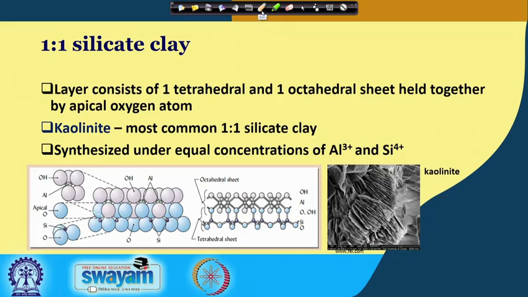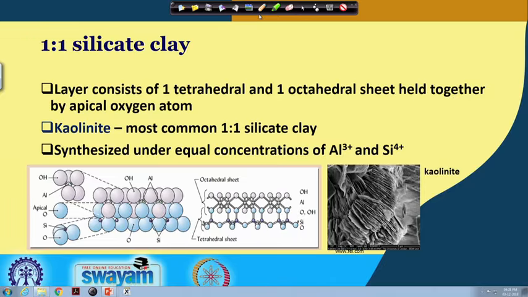So, you can see here basically in this type of silicate clay, its layer consists of 1 tetrahedral and 1 octahedral sheet held together by apical oxygen atoms. Obviously, you can see there are certain planes of atoms. Here you can see hydroxyl and aluminum, which are snugly fitted in the holes, and also oxygen and silica in between.